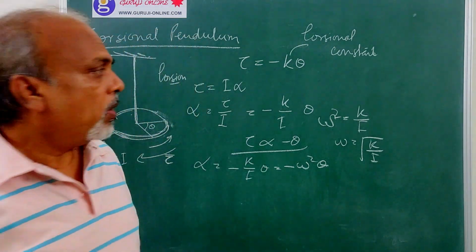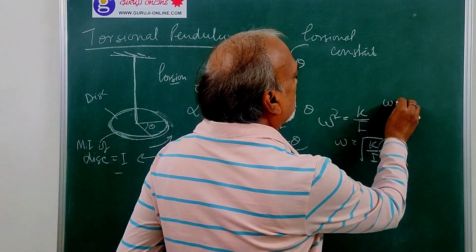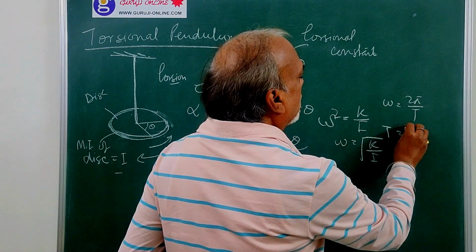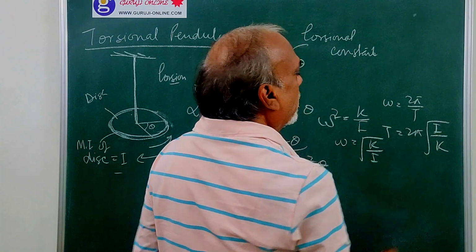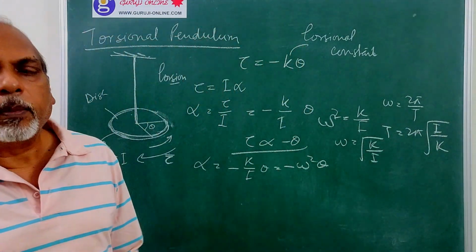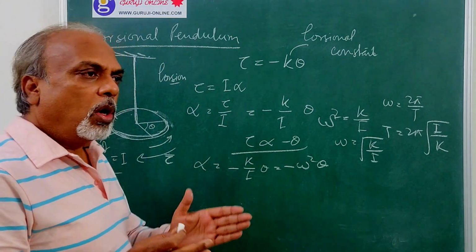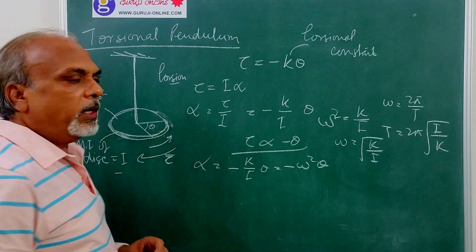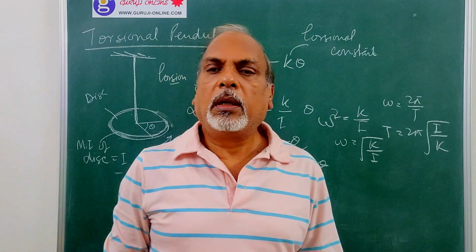Omega is 2 pi by T, so T is nothing but 2 pi root I upon k. This is the time period of this to and fro angular motion of the disc. So this is basically known as a torsional pendulum.